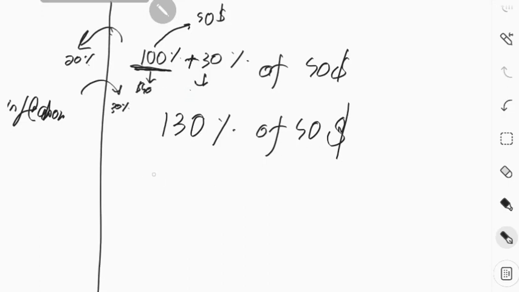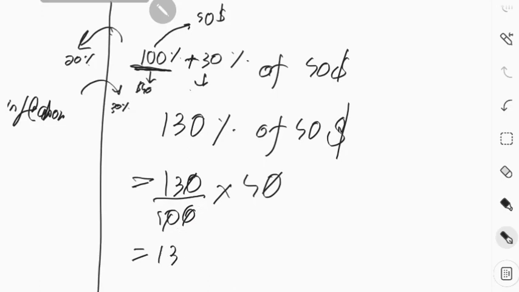So what is 130% of 40? This cancels, this cancels, and you're left with 13 into 4, which is equal to $52. So there's an increase in the price.